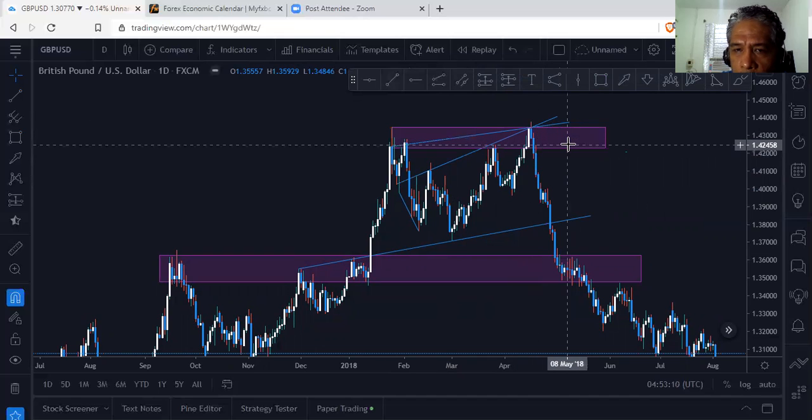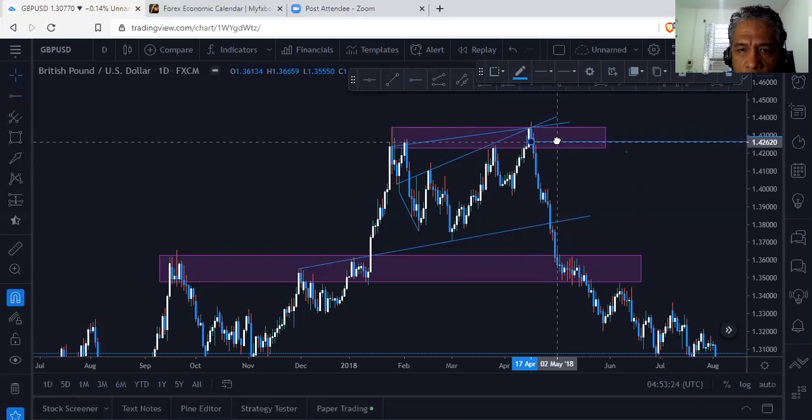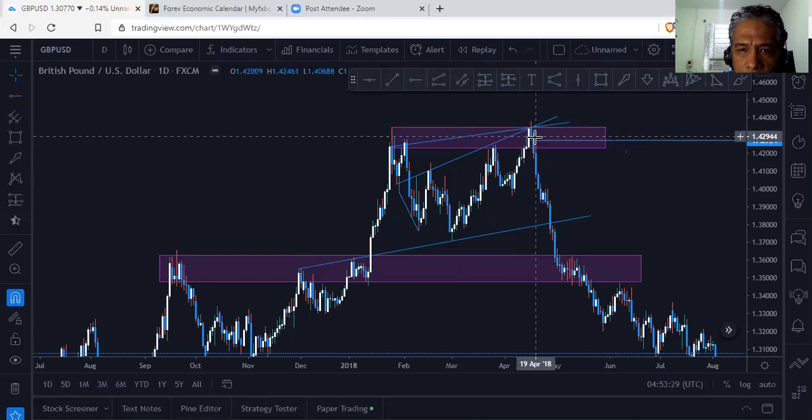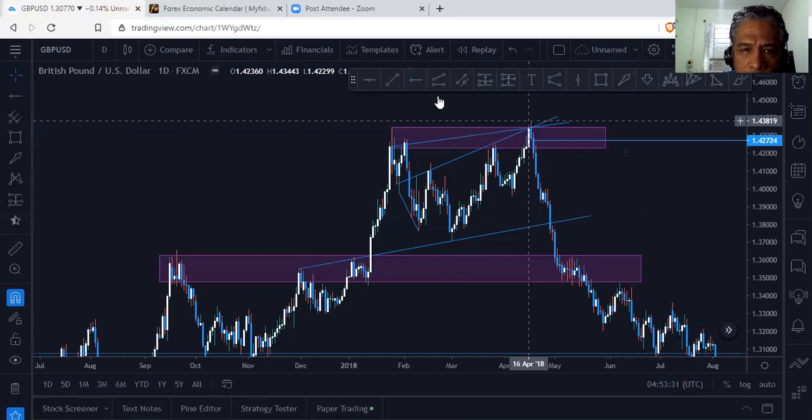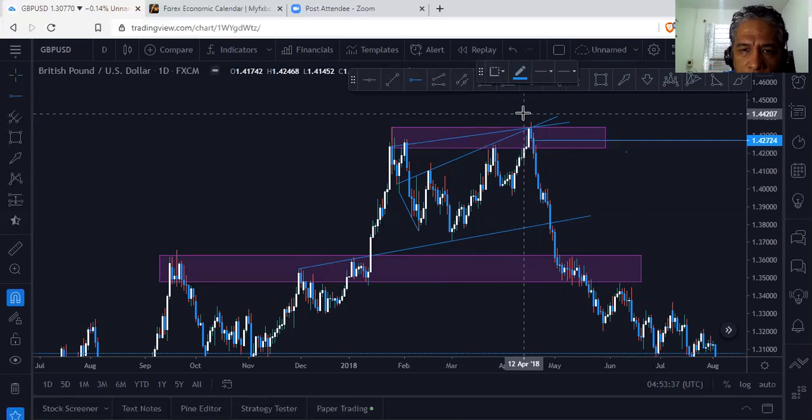So what you can do in this location to attack this one is stop loss here, sell stop. You put a sell stop one tick below this signal bar. Your stop loss would be above this area.